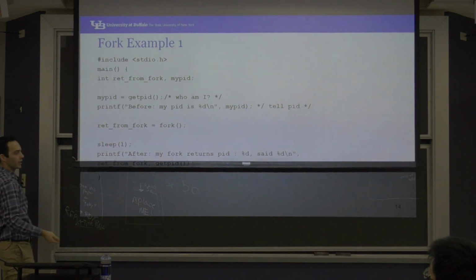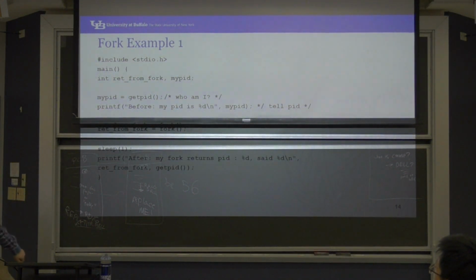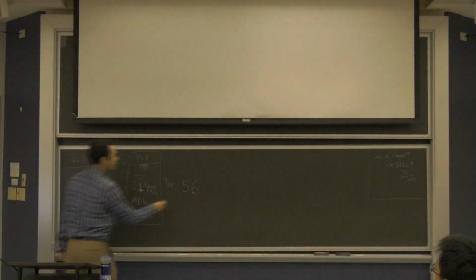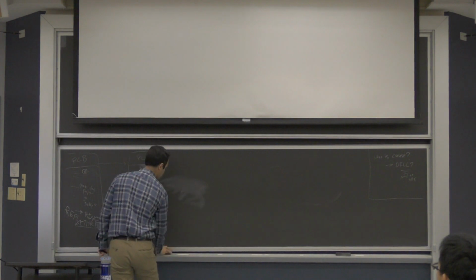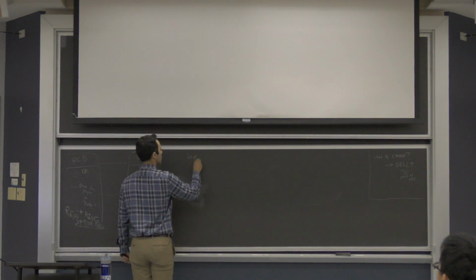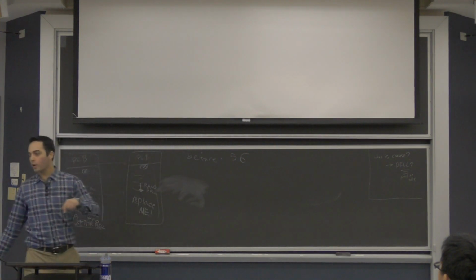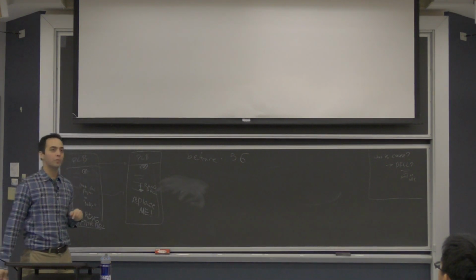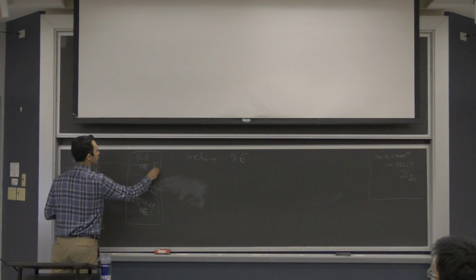I'm going to put it up and then bring it down again, right? Because I can see it from here. Okay. So it says "before my PID is 56", right? This gets printed once. And then you call fork, and now let's assume the child process's ID is 84, right? This is 56, this is 84 for some reason.